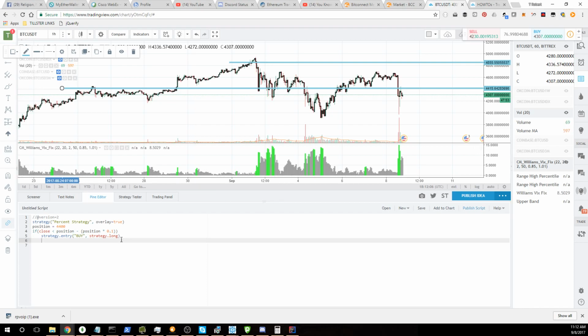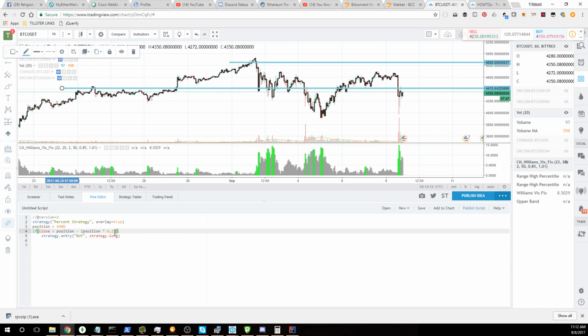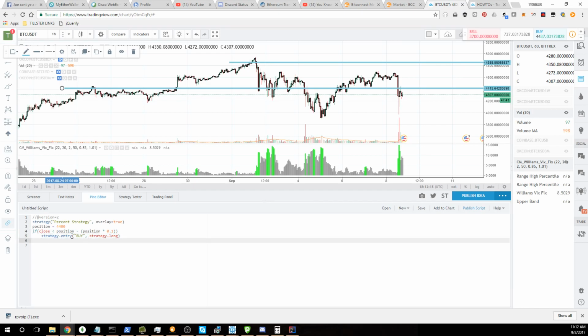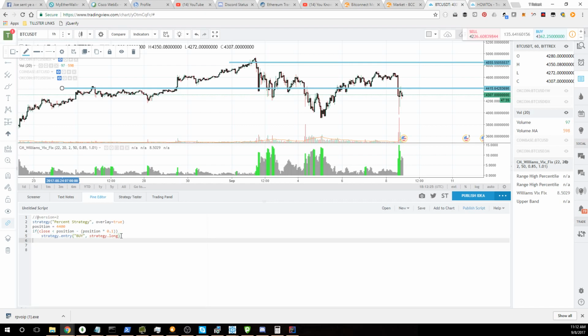So at this point, what we've said is, if the close is less than 10% below our position, we want to buy. We want to go long on our strategy.